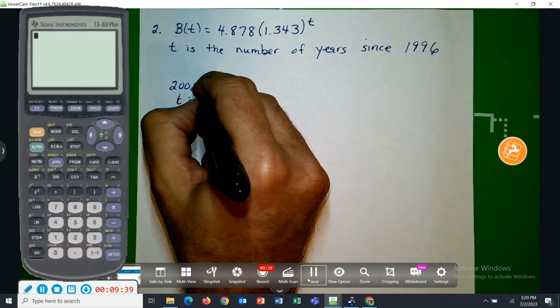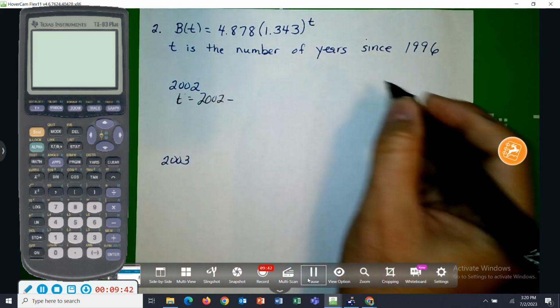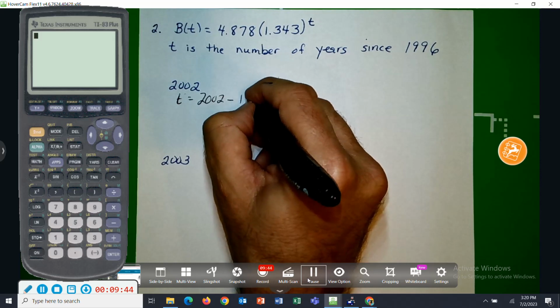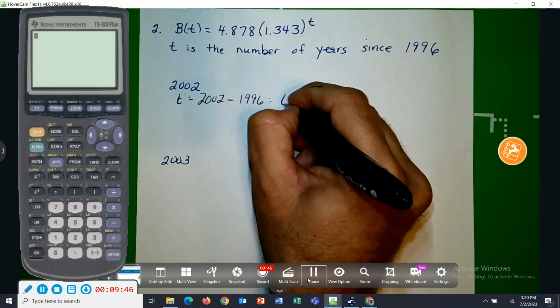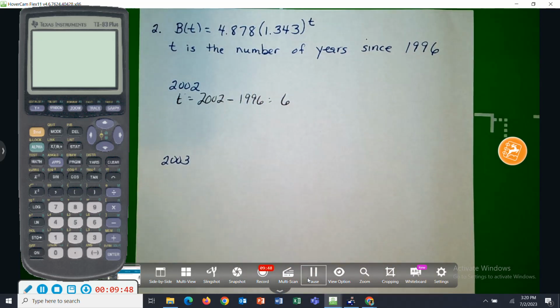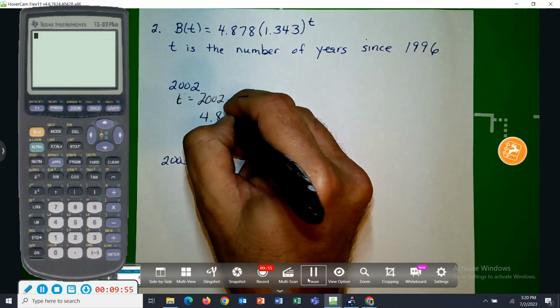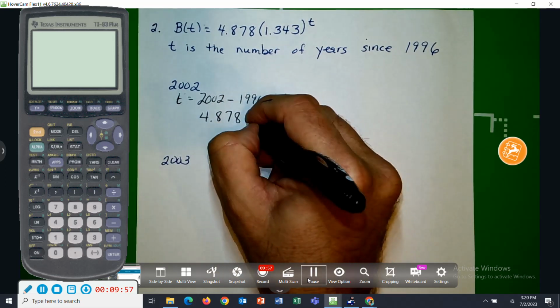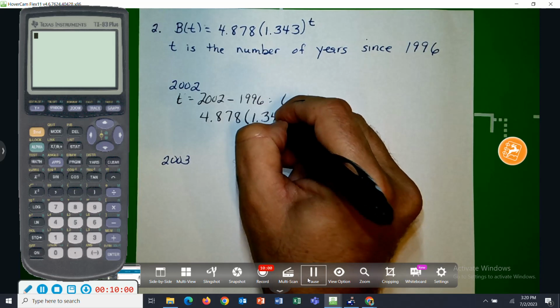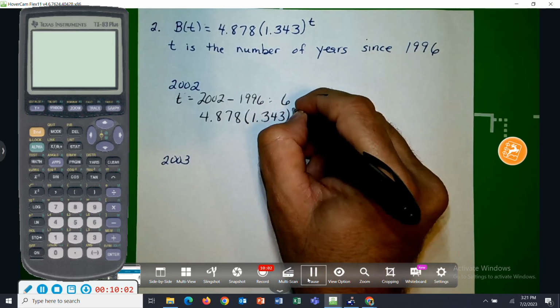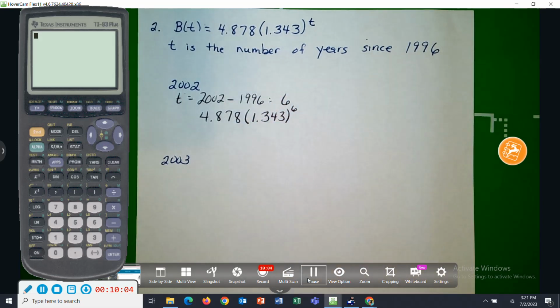It would be 2002 minus 1996. So 2002 is 6 years after 1996. So we're going to be punching in 4.878 times 1.4343 to the 6th. Okay, I'm plugging the 6 in for t. So let's see, how do I do that?